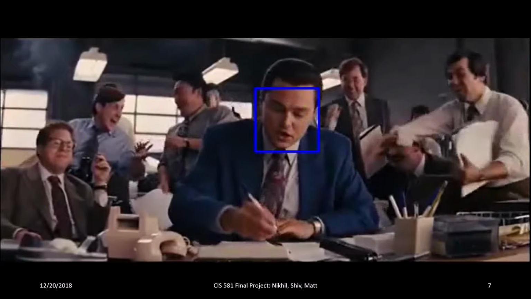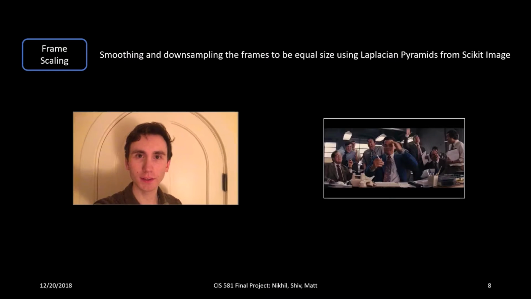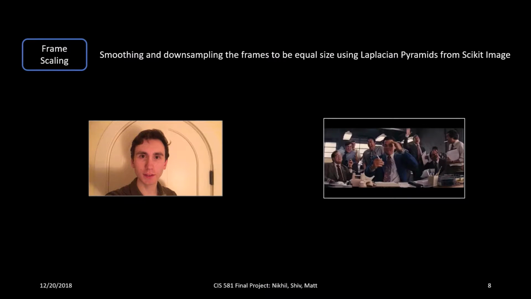The next step brings us into the actual loop, first step being frame scaling. So this is a simple step that uses a method from scikit-image to scale down the images to be the same size using Laplacian pyramids.